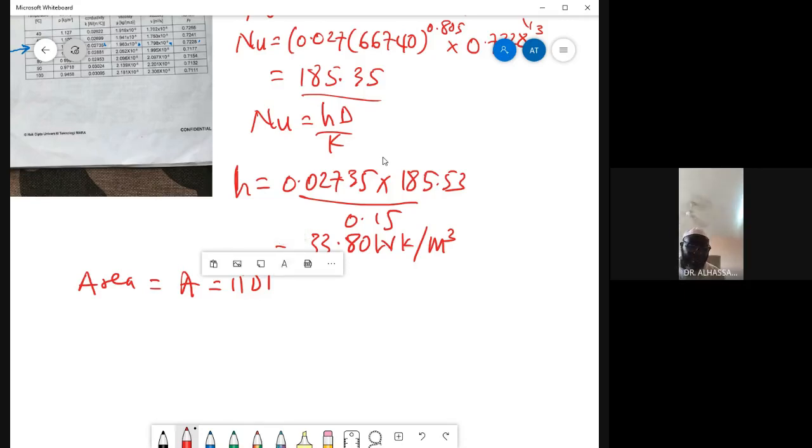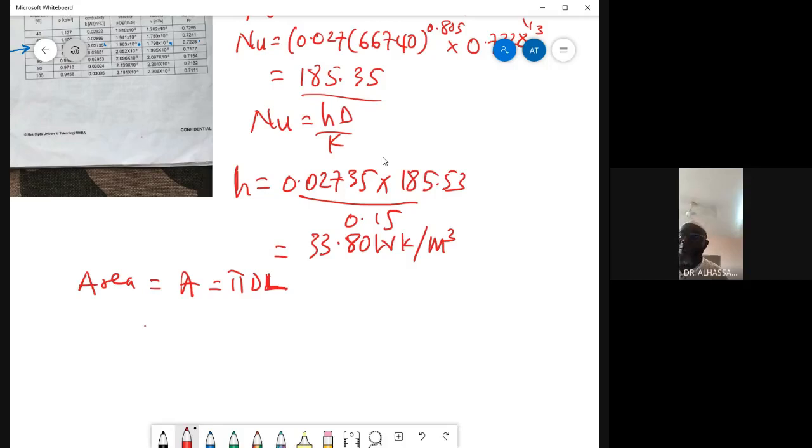We want to calculate the rate of heat loss per unit length. The diameter is known, and we know the value for pi, but the length is not known. So we will calculate per unit length of the pipe. In any case, the area is this.